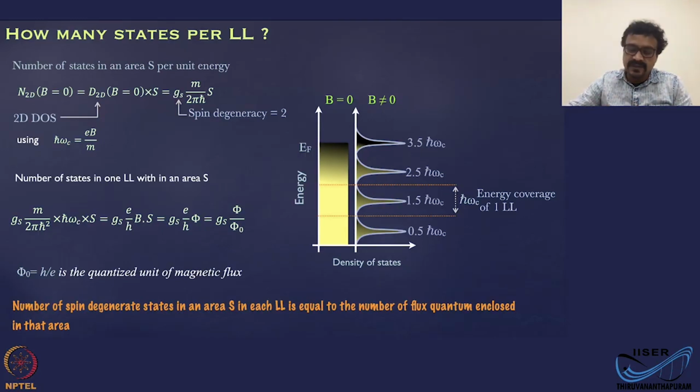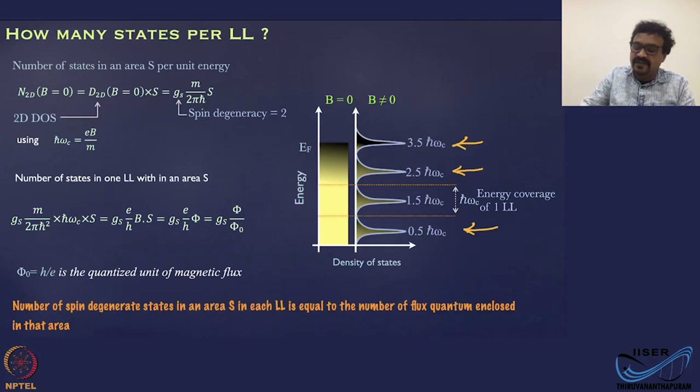Now, the cartoon here shows the distribution of the states in the absence of any field and the formation of Landau levels, which are represented by these Lorentzian shaped functions there. And with the energy quantized as n plus 1 by 2 h bar omega.